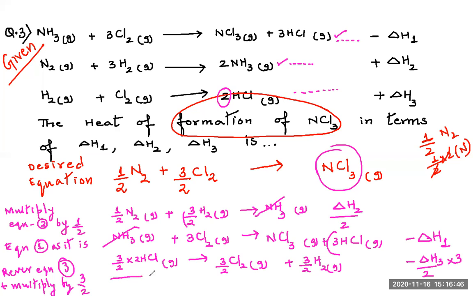Now let me see what I want. I did so many things, but am I getting what I want? Let me just check it. Okay, so I am checking it.